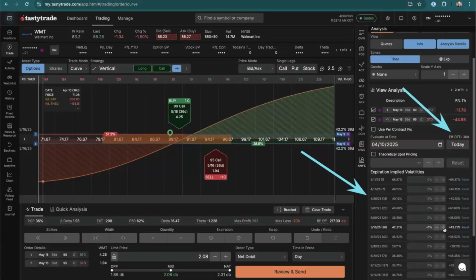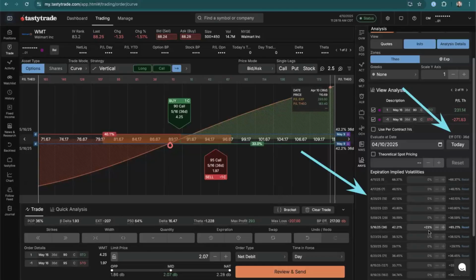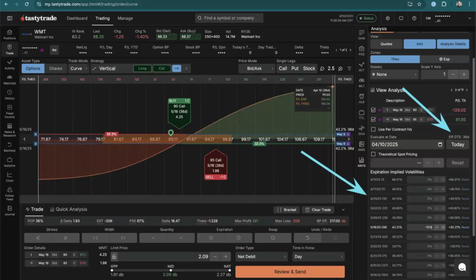So we can go ahead and increase our volatility, and see if volatility on our expiration goes up 23%, how this affects our theoretical profit or loss. You can also tick it down or type in a number as well. We could do negative 10% and see how that impacts our strategy too.